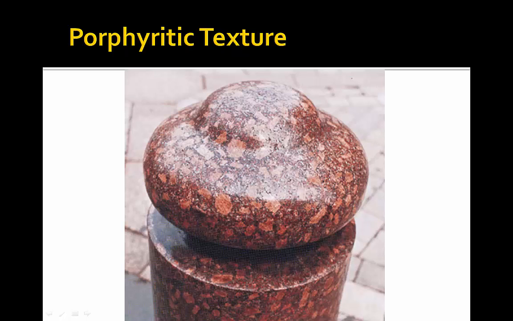Well, we have both kinds of crystals here, which means this particular magma that created this rock underwent two rates of cooling. It started off cooling very slowly deep within the earth. Then something happened, and it was moved up closer to the surface, and it started cooling much more quickly. So in the case of a porphyritic texture, the magma experienced two different rates of cooling.